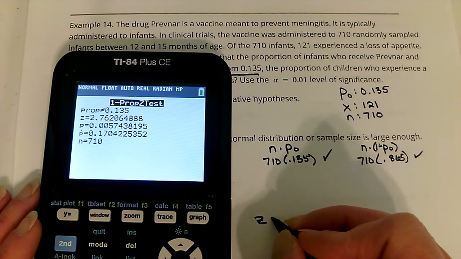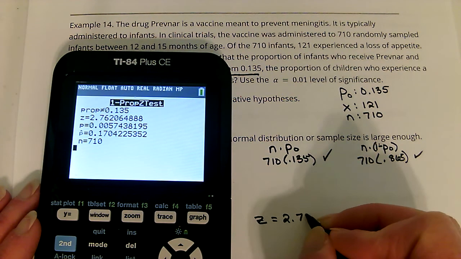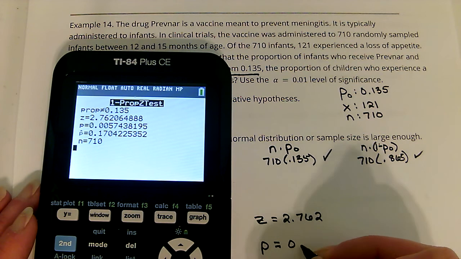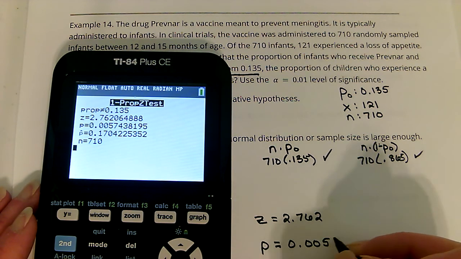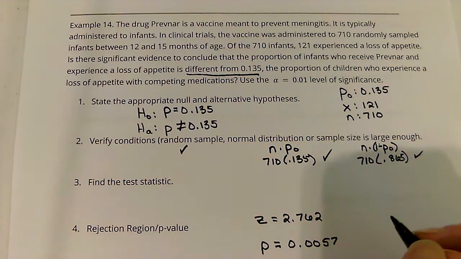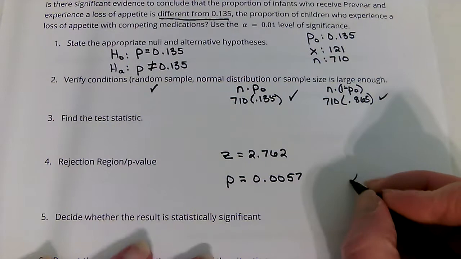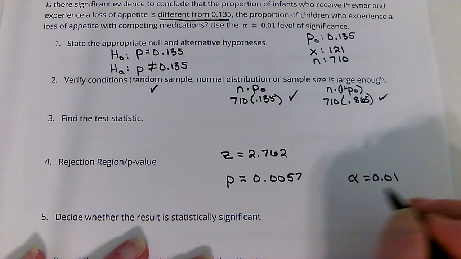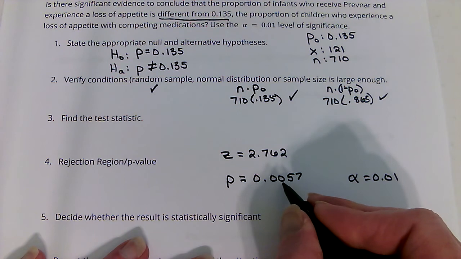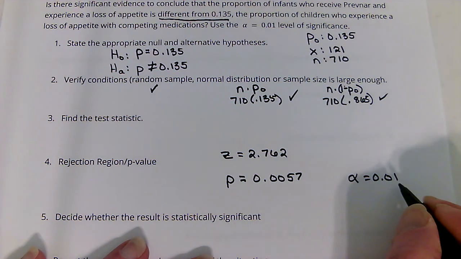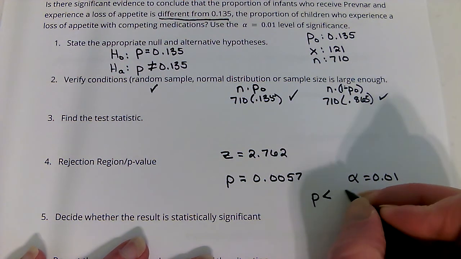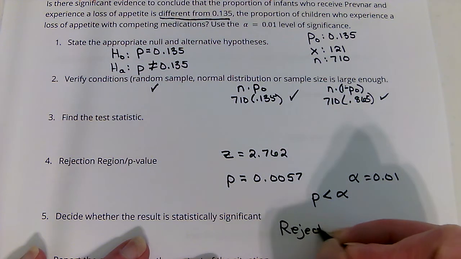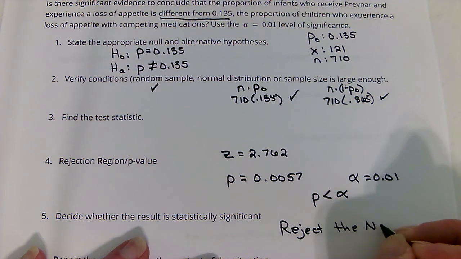So we get a z-score of 2.762 and a p-value of 0.0057. And we're comparing that p-value to 0.01. So 0.0057 is less than that, so p is less than alpha, so we reject the null.